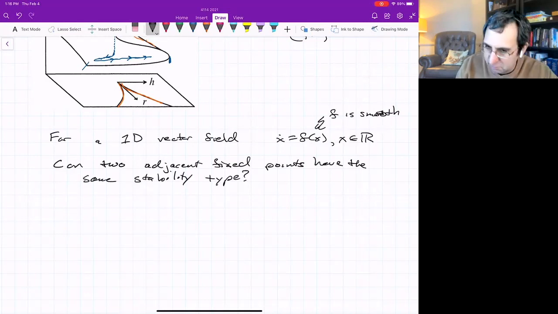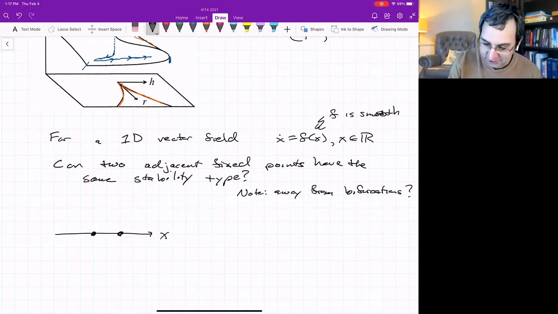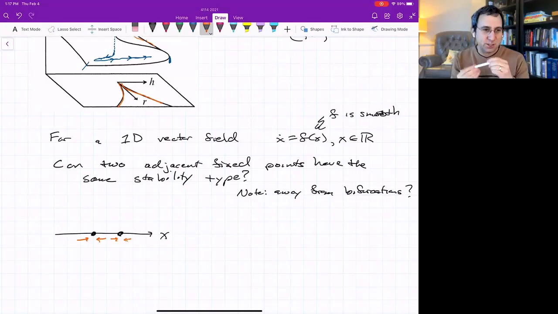I want you to think of the generic case, which would mean away from bifurcations. For this to happen, the vector would be pointing that way, and then somehow it's pointing this way. Okay, how did that happen? Somewhere you needed to pass through 0, which means anytime you have 2 stable points, there has to be an unstable point in between them.